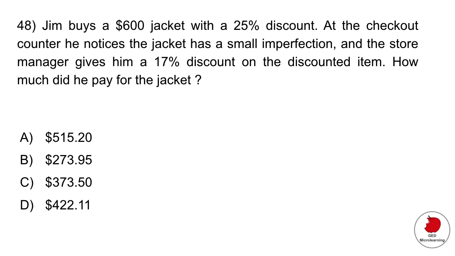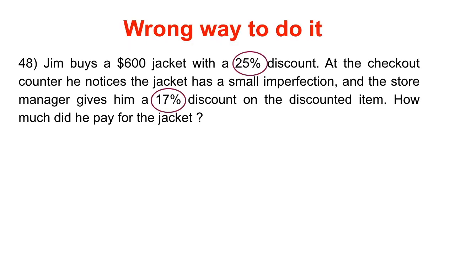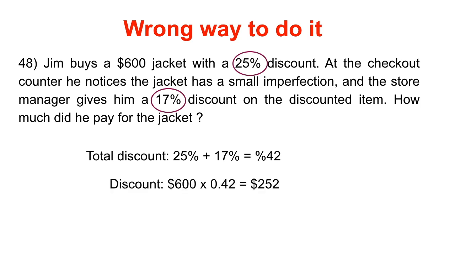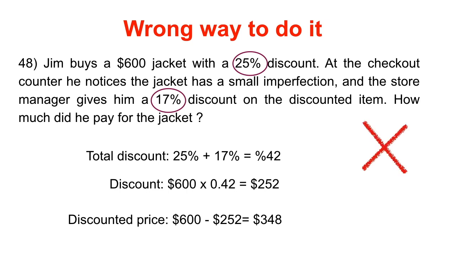The first thing that we're going to do is do the problem the wrong way. A lot of times folks will look at this problem and say, okay, he got a 25% discount and a 17% discount, so let me add those together. That's a 42% discount, and let me figure out how much he paid for the jacket based on that. This is wrong.